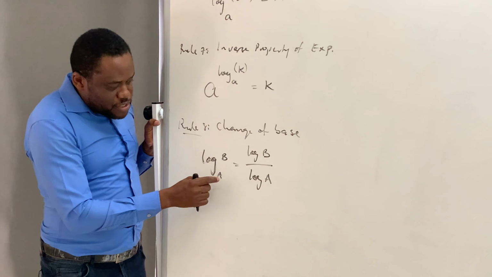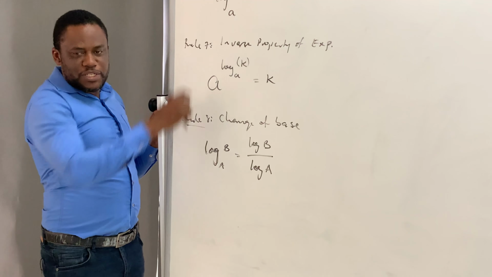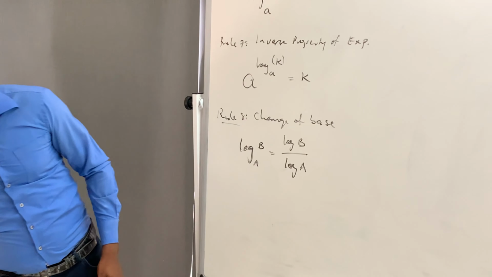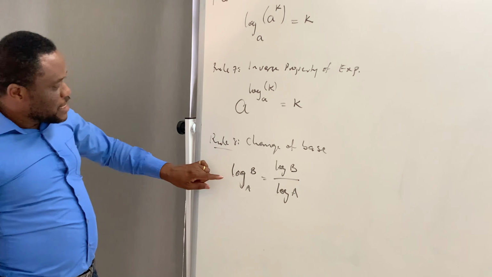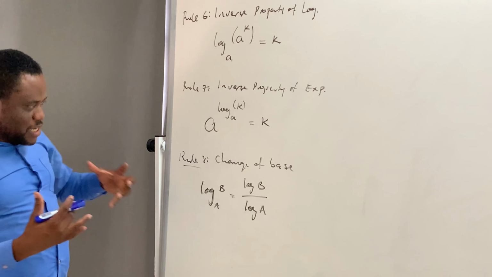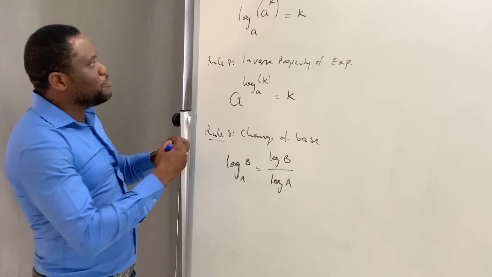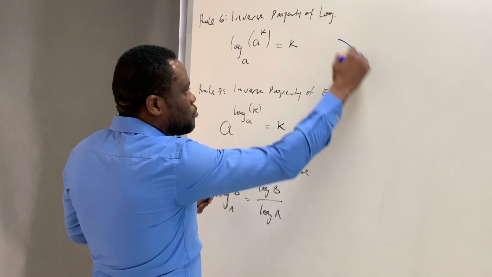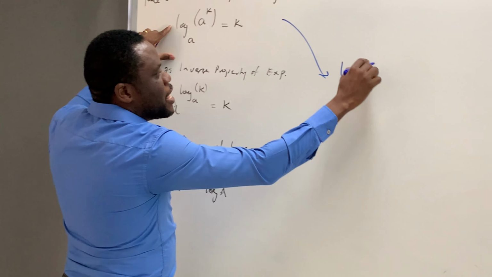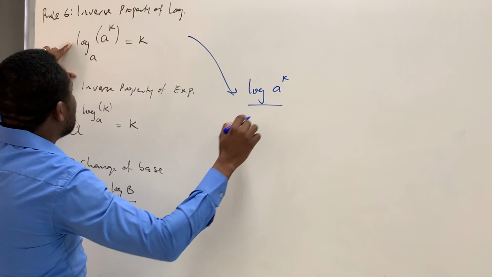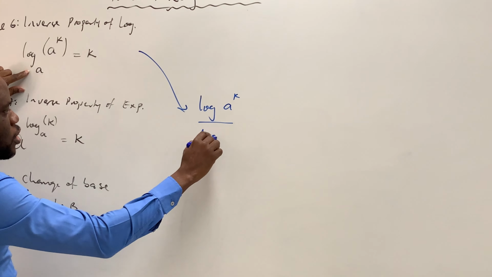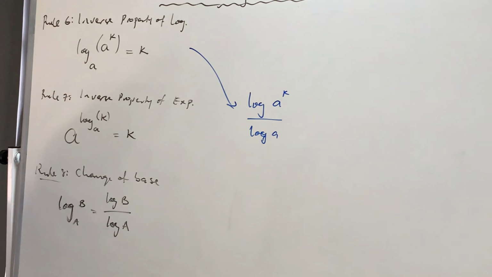Now, how does this apply to prove this guy? Don't forget that the log takes the number, right? Let's apply it here. If you use change of base here, you have log of a to the power of k divided by log a, right?